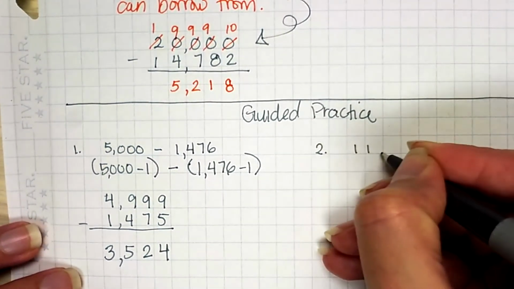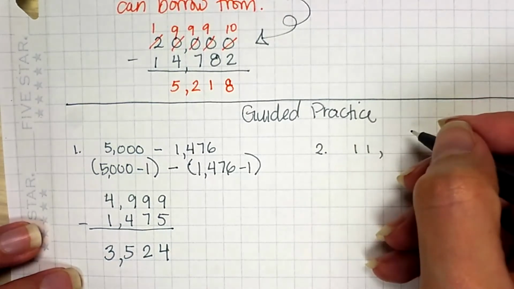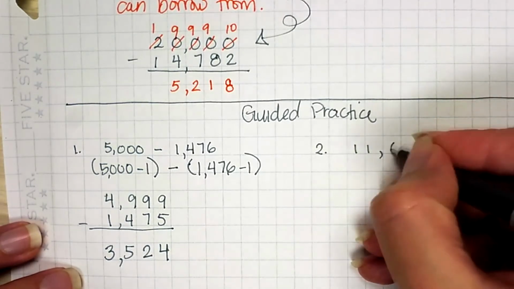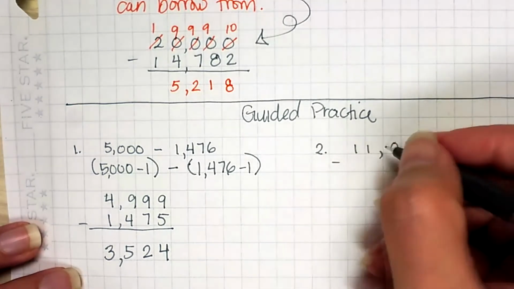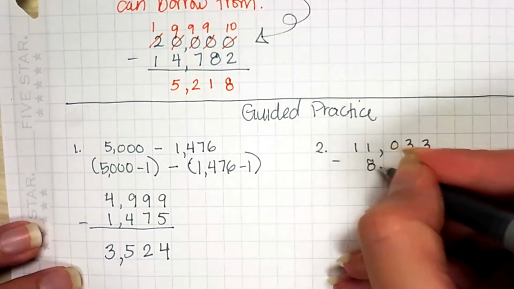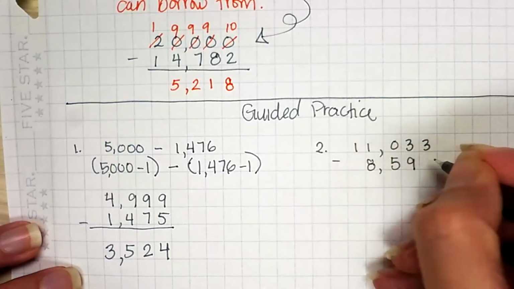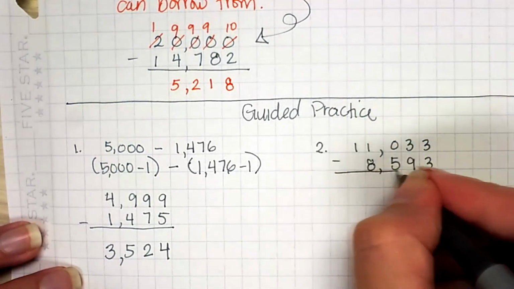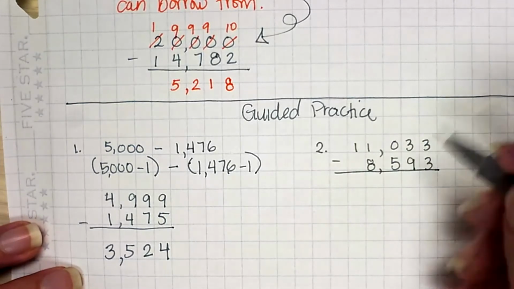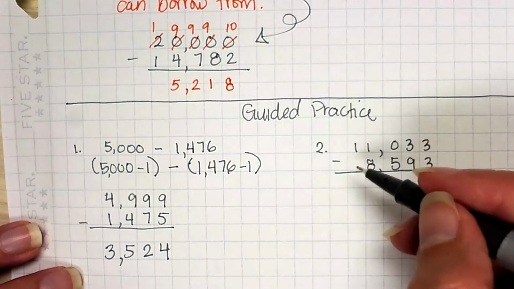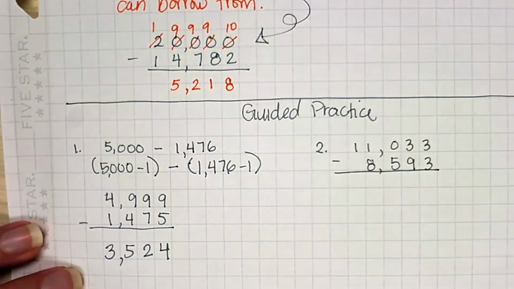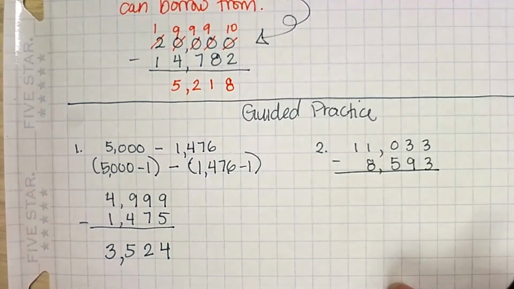So I had 11,033, and I'm subtracting from it 8,593. Now notice how I stack them in place value order. Ones on top of ones, tens, hundreds, thousands, and I didn't have a second digit in my 10,000s place, so that one stayed blank. Now I'm going to work and do my subtraction over here.